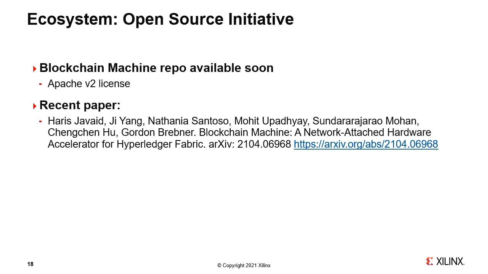Again, we'd like to show the resources for the blockchain machine project. You can see more details in this paper available on arXiv, and we are preparing the GitHub for the blockchain machine, which will be available very soon, and the license will be Apache v2.